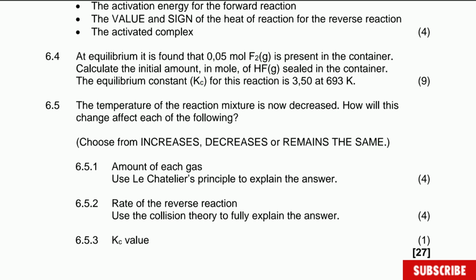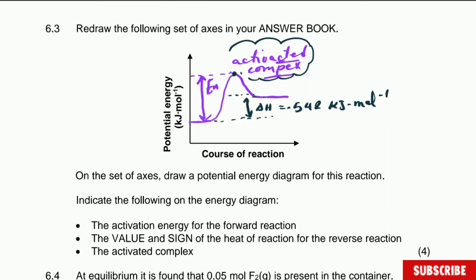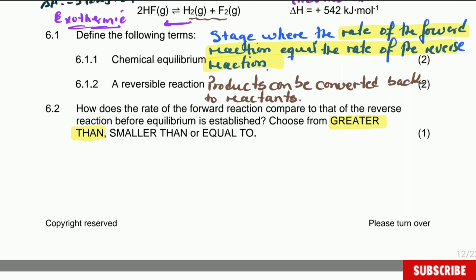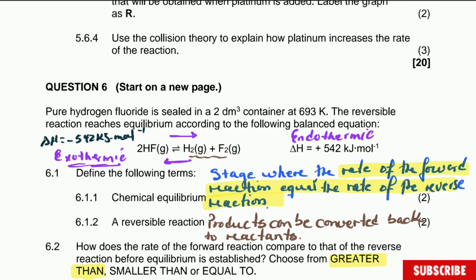And we're going to go to question 6.5. The temperature of the reaction mixture is now decreased. How will this change affect the following? Now, remember, temperature is one of the factors that affect the equilibrium. But let's go quickly back to the reaction here. The forward reaction is endothermic. So an increase in temperature will favor the forward reaction.